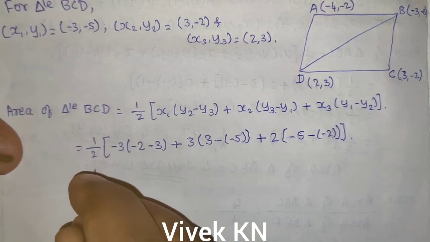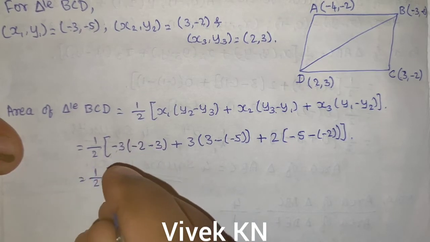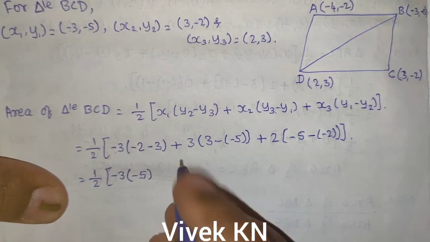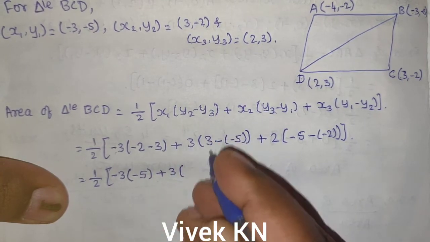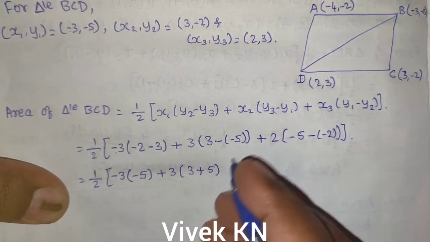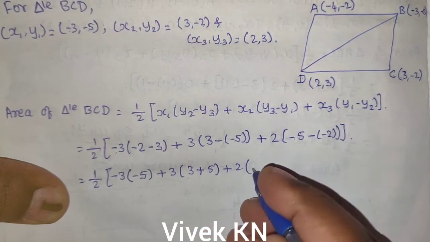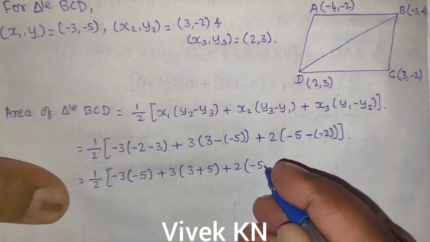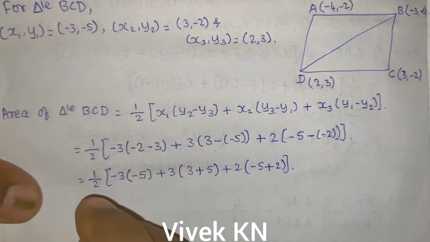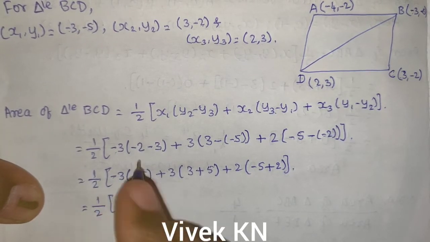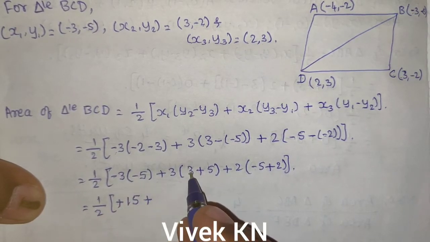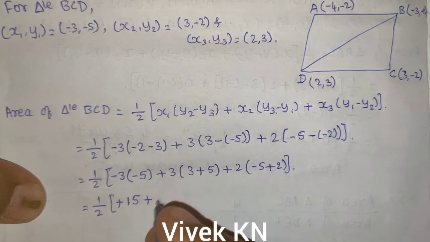Which is equal to 1 by 2 into minus 3. Adding minus 2 and minus 3 we get minus 5, plus 3, minus into minus plus 5, plus 2, minus 5 minus into minus is plus 2, which is equal to 1 by 2 into minus into minus plus 3 5s are 15, plus 3, adding 3 and 5 we get 8 into 3 is 24.